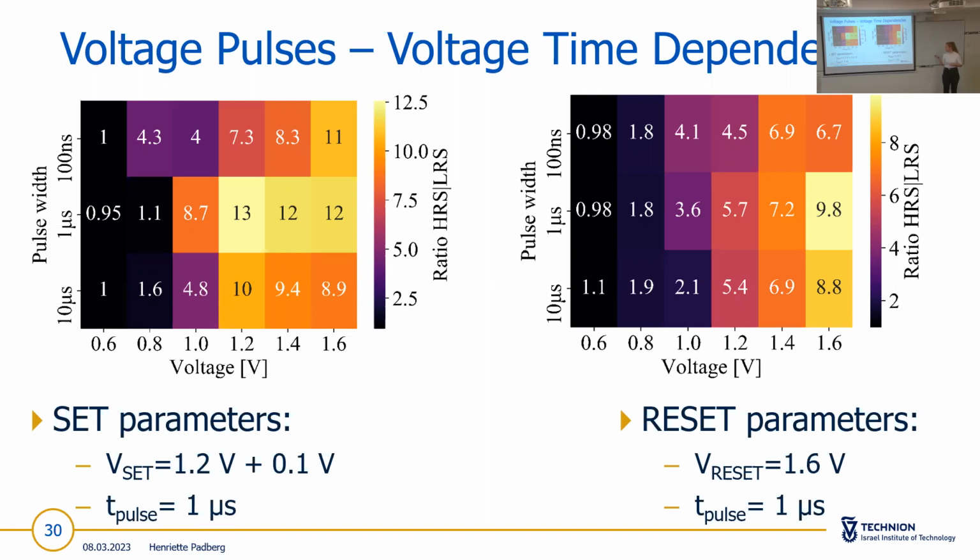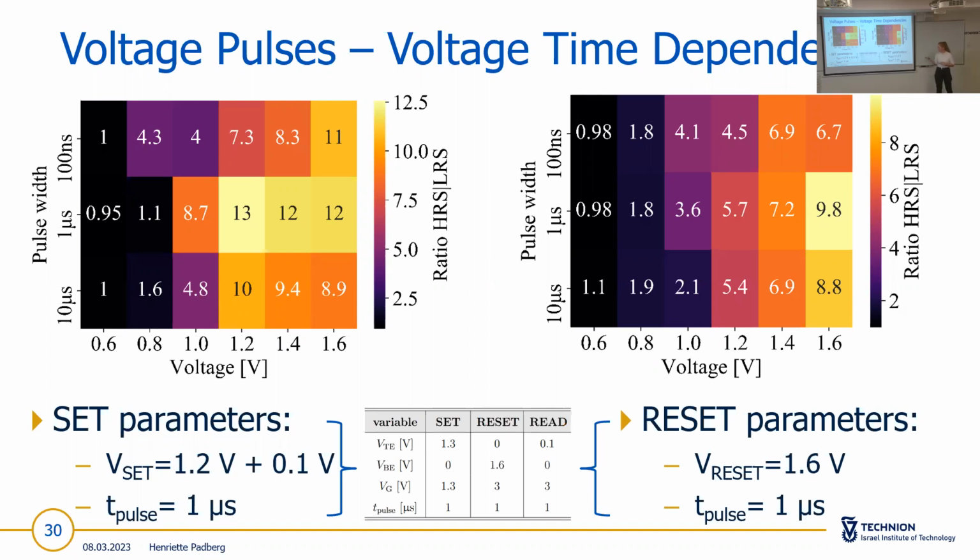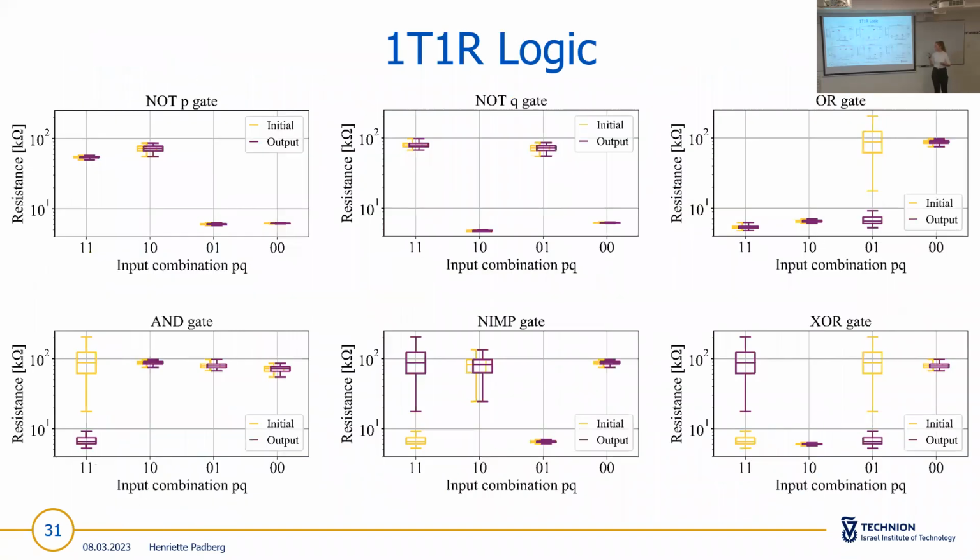So the reset parameters that can be extracted from this are 1.6 volt and a pulse time also of 1 microsecond. This one was the best pair. And from this we get this table of the measurement parameters, and they count for all the later logic measurements.